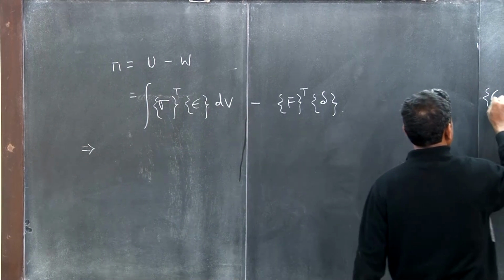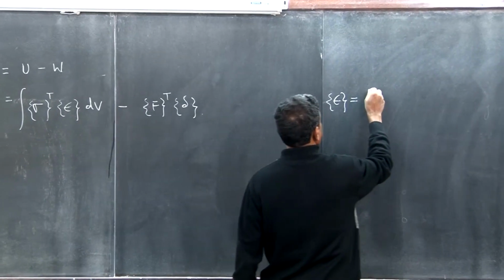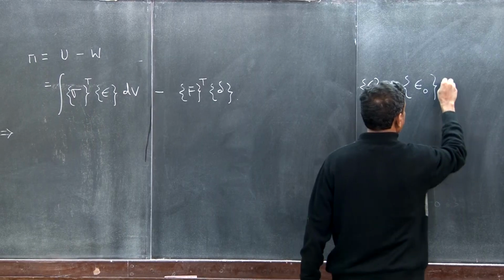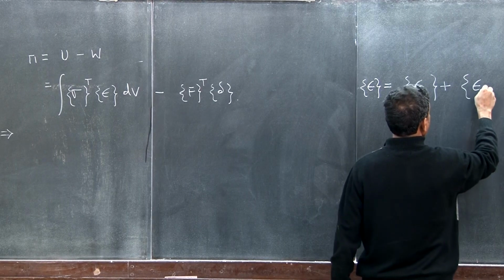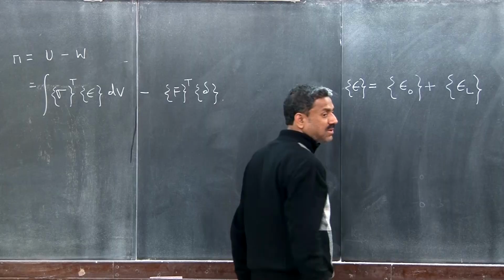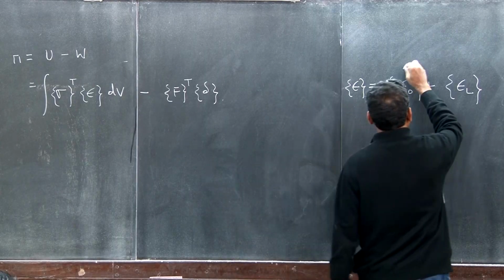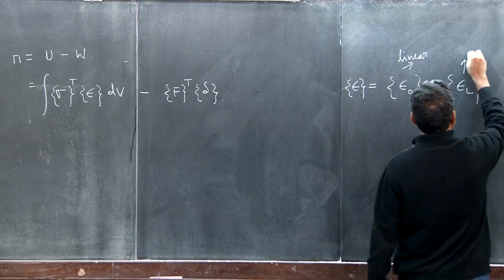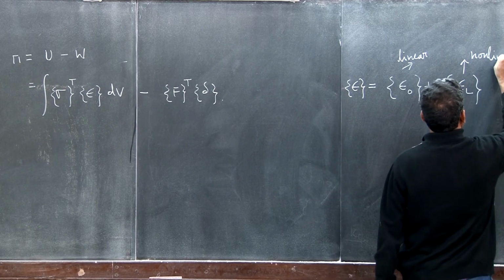epsilon is, one will be the linear stiffness, another will be the non-linear stiffness. When you do nonlinear analysis, this is the linear stiffness and this one is the non-linear stiffness.